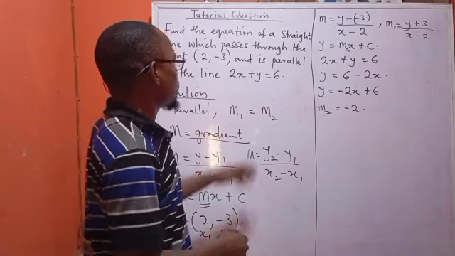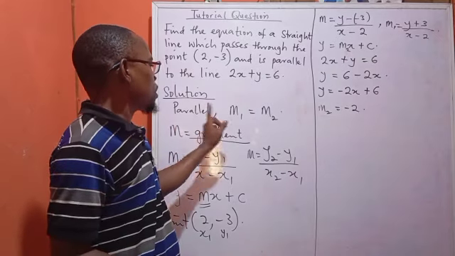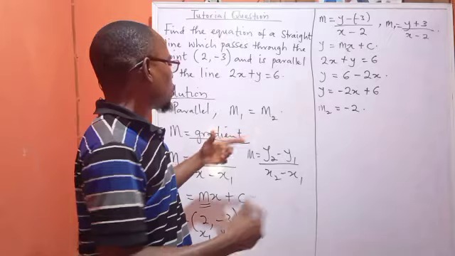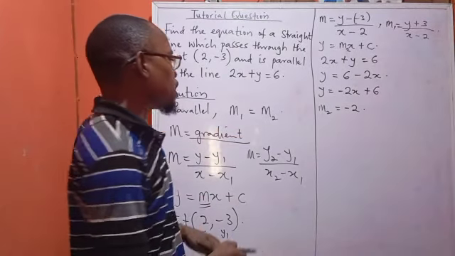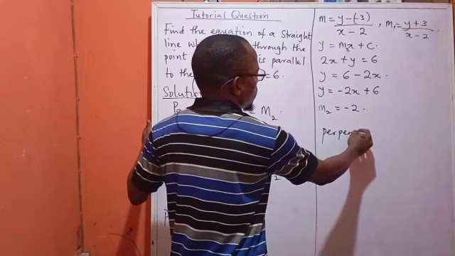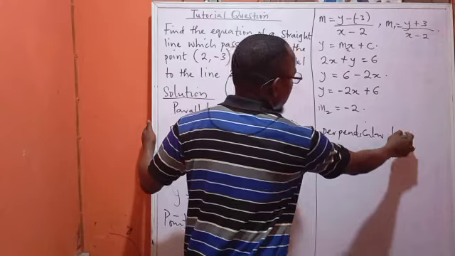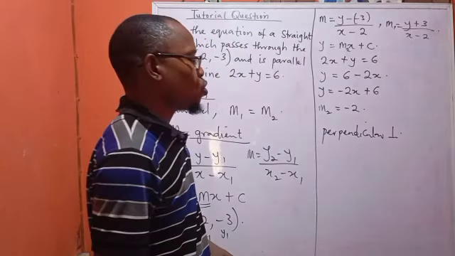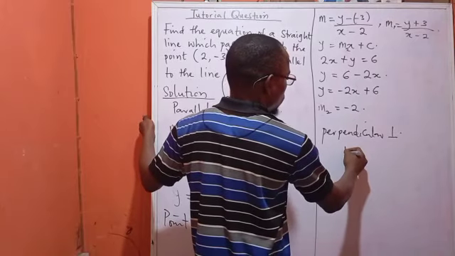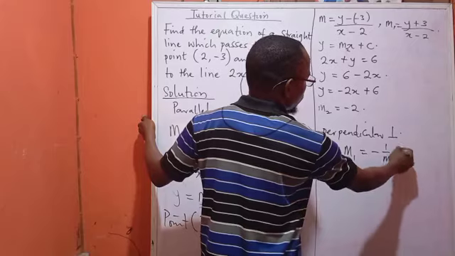Now don't forget, they said they are parallel, and I told you that when lines are parallel, it means m1 equals m2. There's another scenario whereby they can say they are perpendicular, which means they are at right angle to each other. In that case, m1 equals minus 1 over m2.